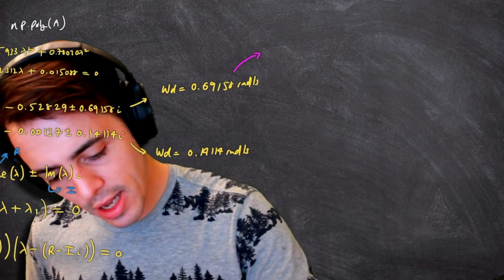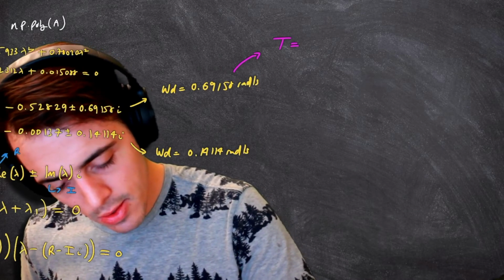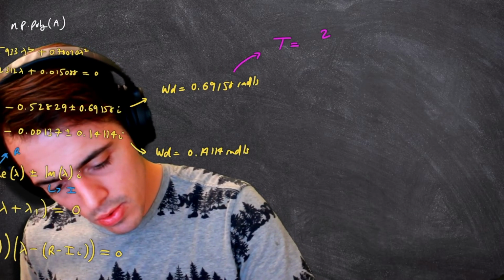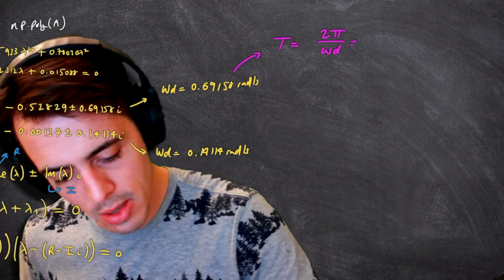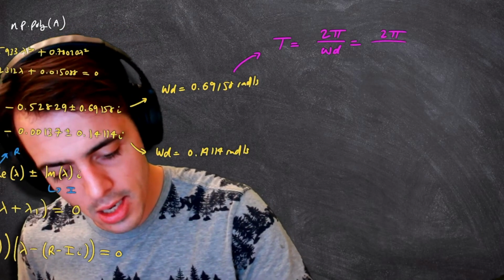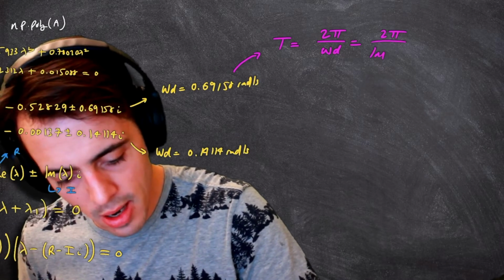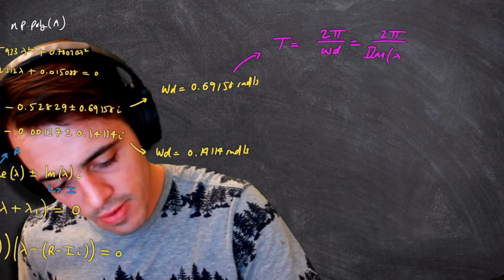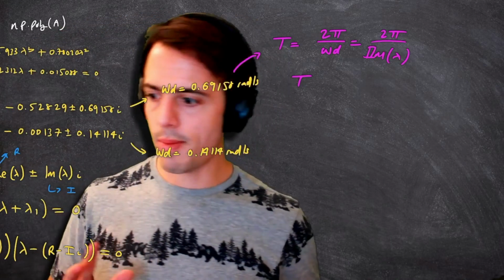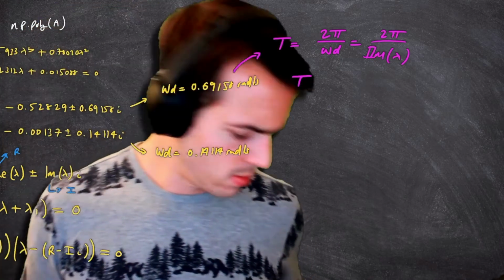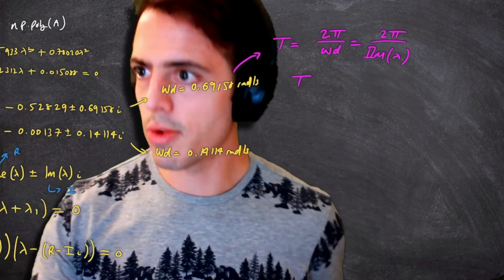So the period of any oscillation is going to be 2 pi divided by omega d, which is going to be equal to 2 pi divided by the imaginary part of these roots. So the period of this oscillation is, let me find my calculator. That's here, it's hiding.